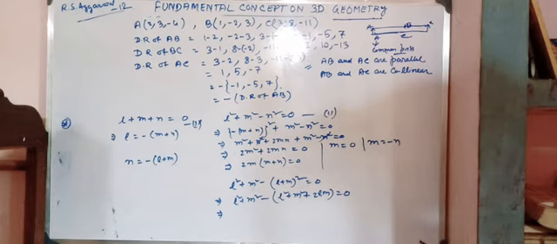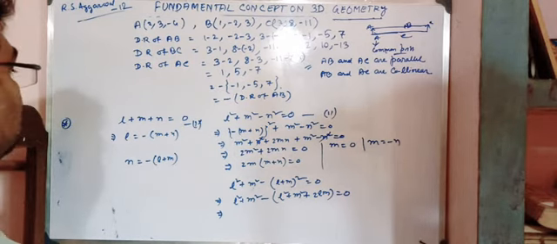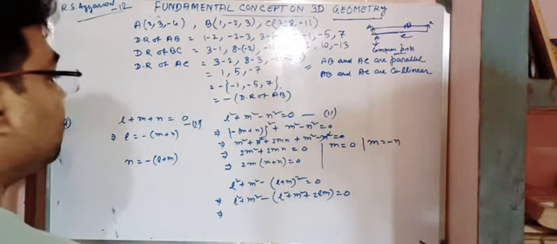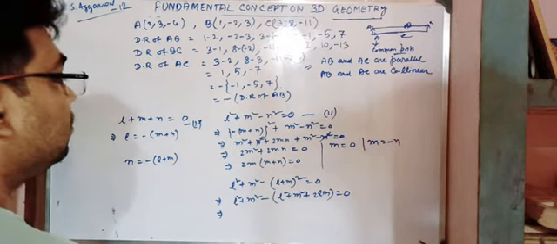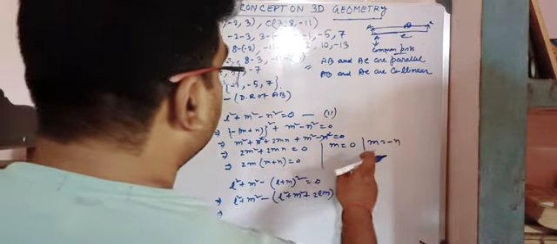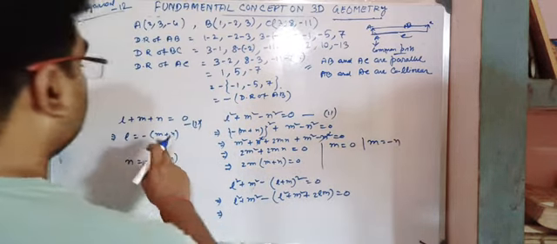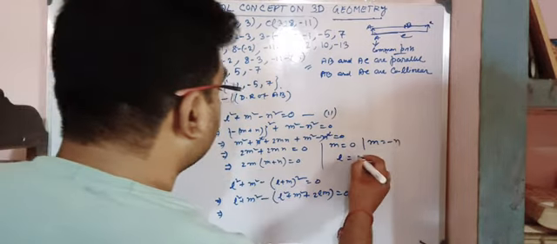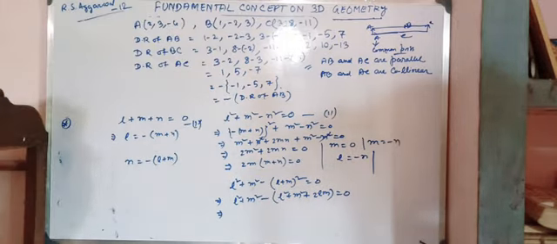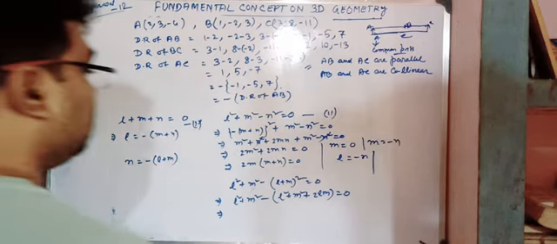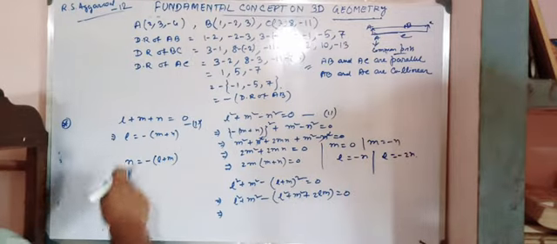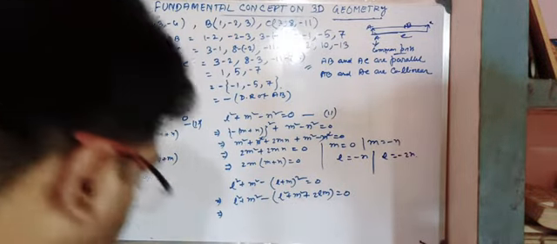Understood that? Now m = 0 implies l = -n, and m = -n implies l = -2n. From this relation, we don't have to find another relation.